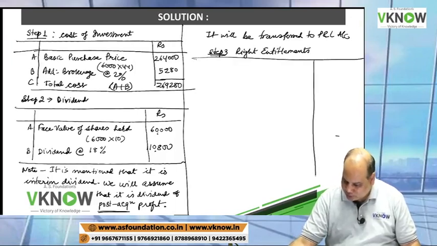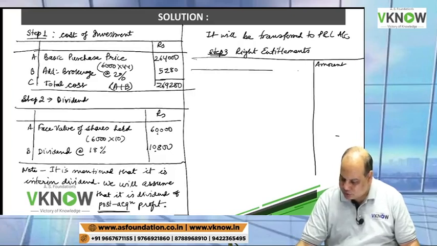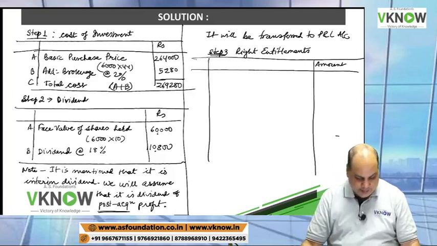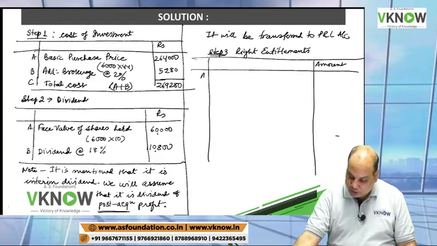Right entitlements. Write down amount. There is one right issue also. So in this question they have mixed right issue.